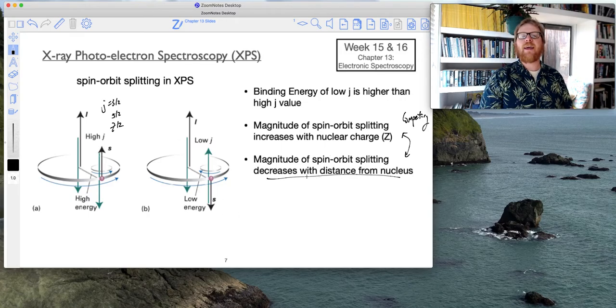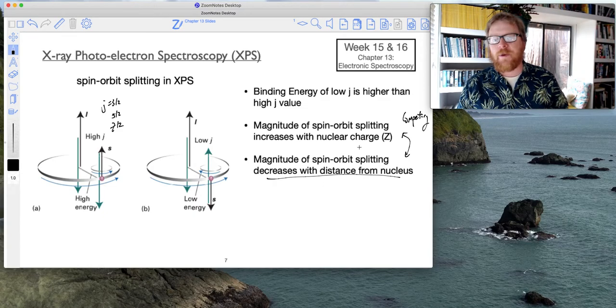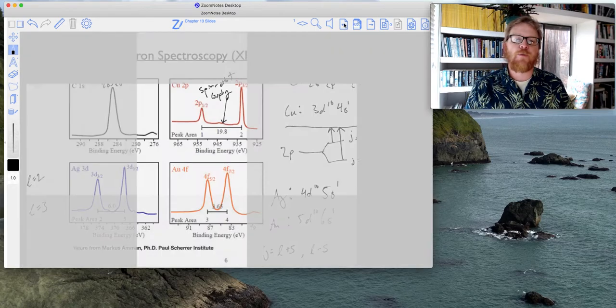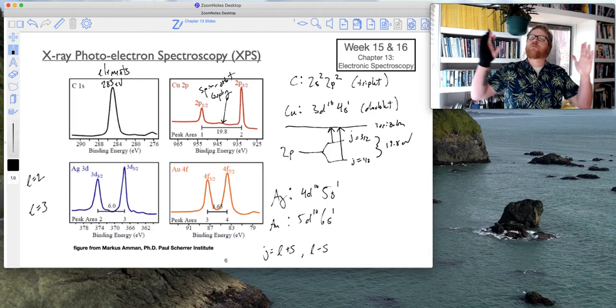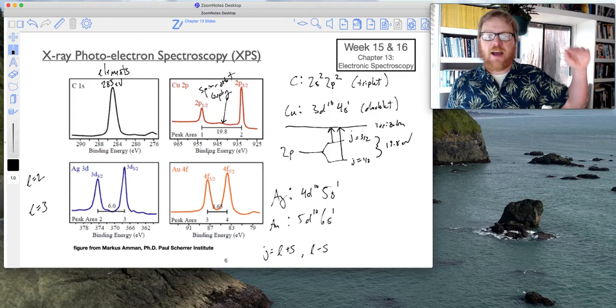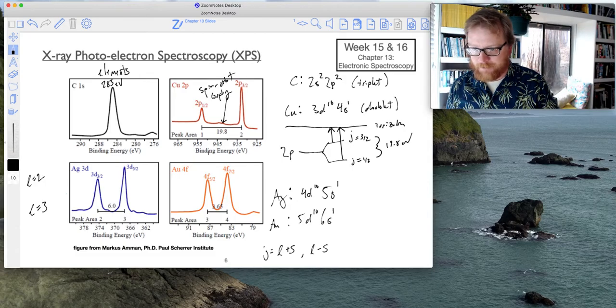However, as electrons get further and further away from the nucleus, that spin-orbit splitting is less important. So if I go back here, let me explain this again. If we were looking at all the 2p levels from copper, silver, and gold, then we would see those spin-orbit splittings get bigger as we go copper, silver, gold.